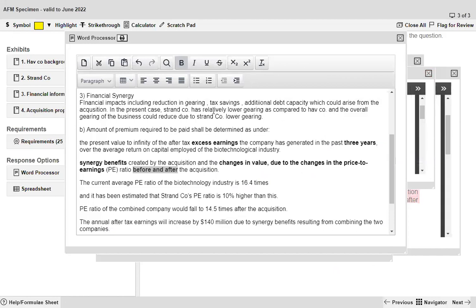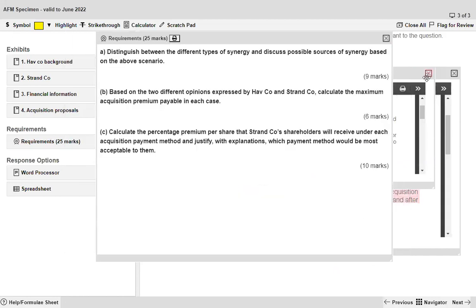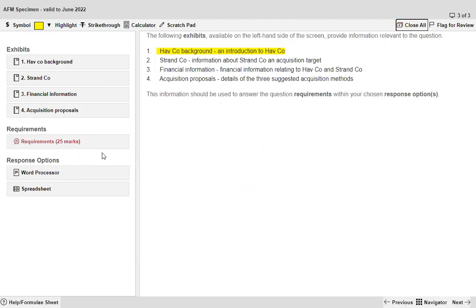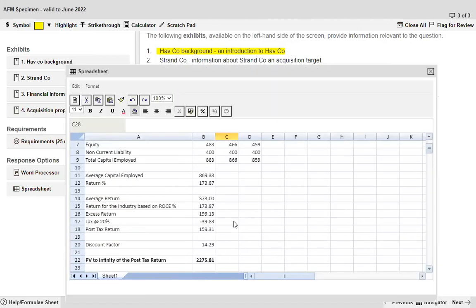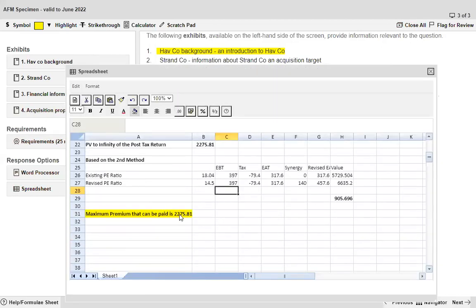Is that okay now? So what have we done? We have been able to calculate the premium that is going to be paid, which is 2275.81.